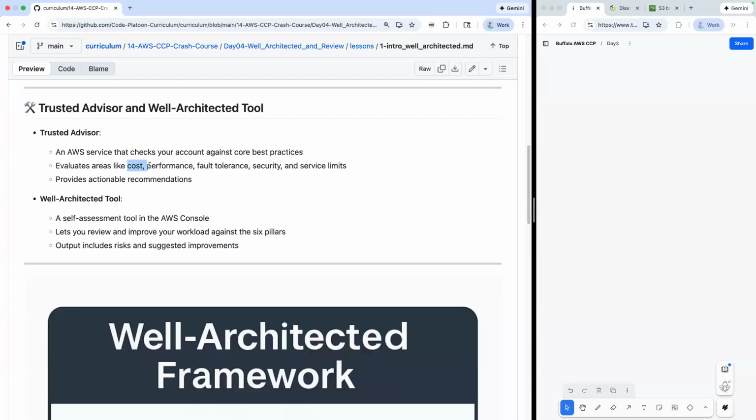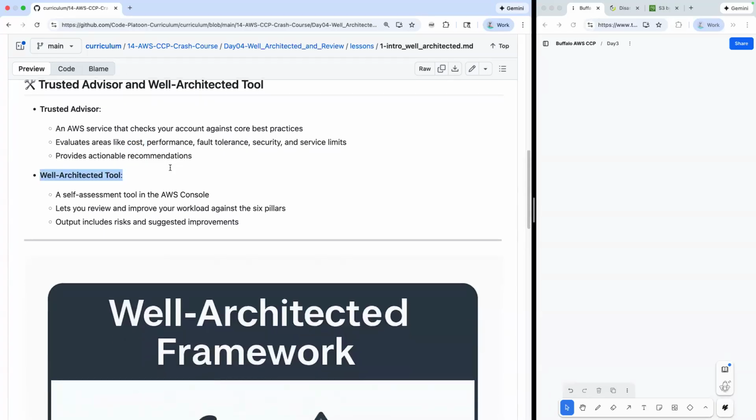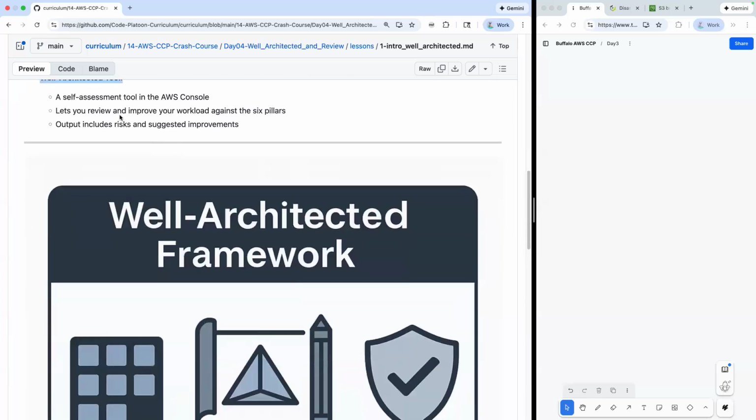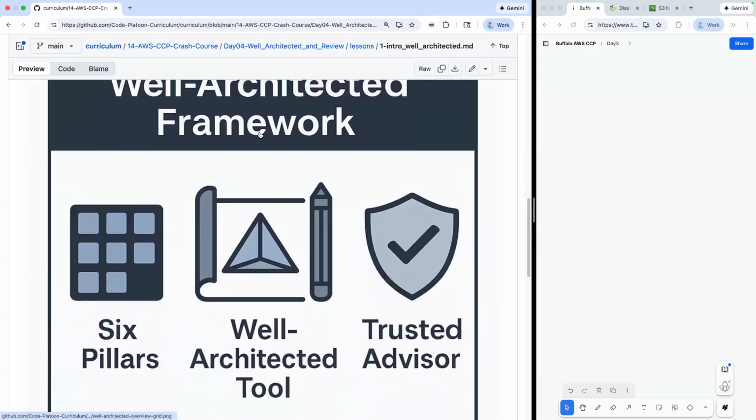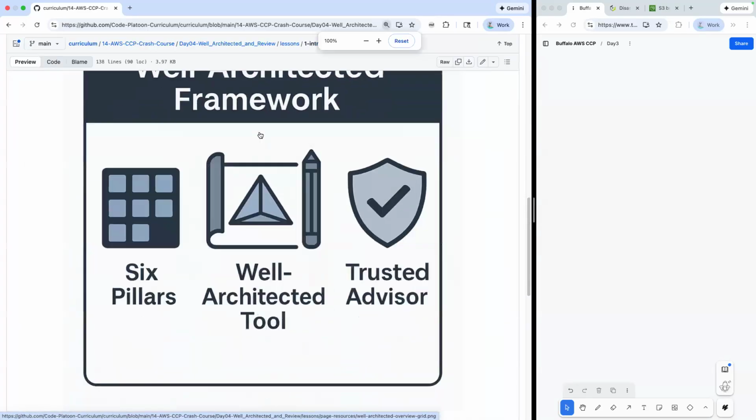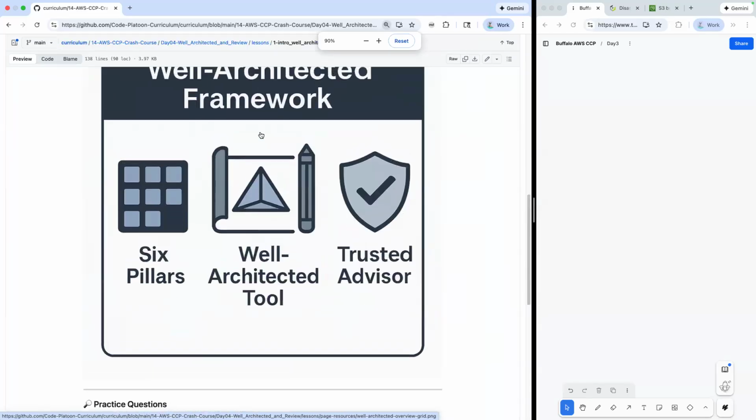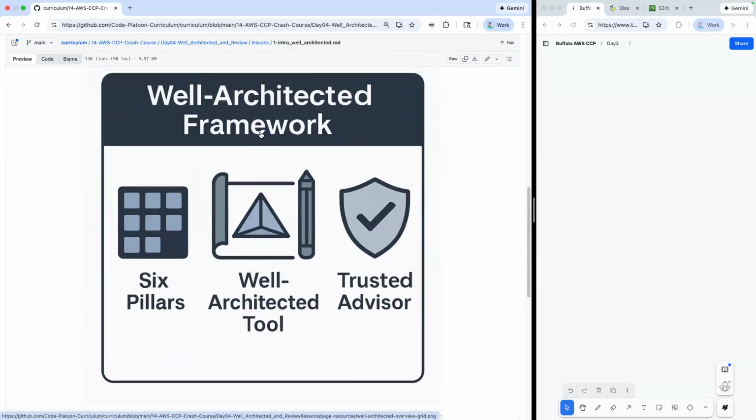It'll look at cost. Trusted Advisor will look at performance and fault tolerance. The well-architected tool is more of a self-assessment tool to review and improve your own workloads. It can include some suggestions. And here we have a nice diagram of the well-architected framework, right? We have the six pillar principles, the well-architected tool, the trusted advisor tool.